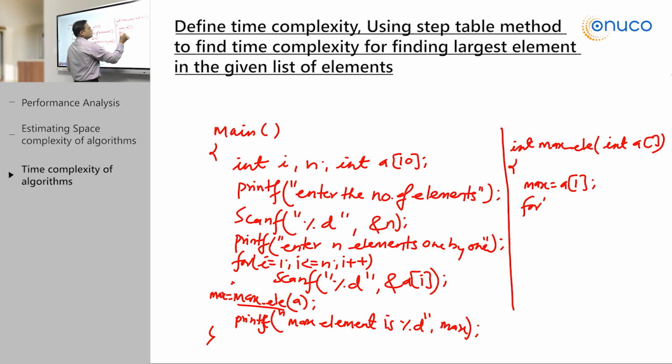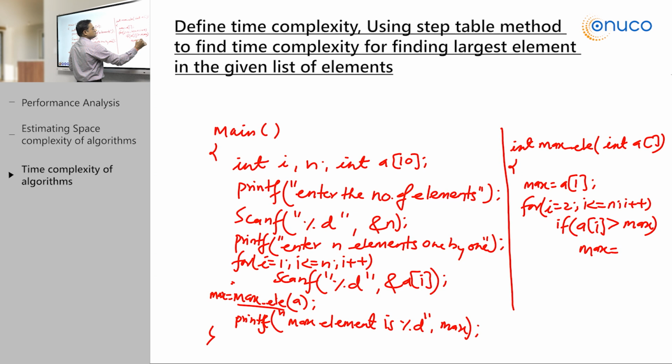Now you need to write the loop for i is equal to 2, i less than or equal to n, i plus plus, and you can say that if a of i is greater than max, then you are going to write max is equal to a of i, and finally you are going to return max.